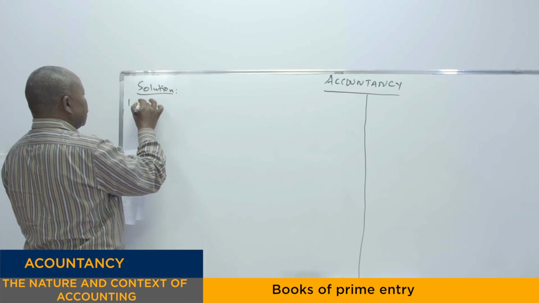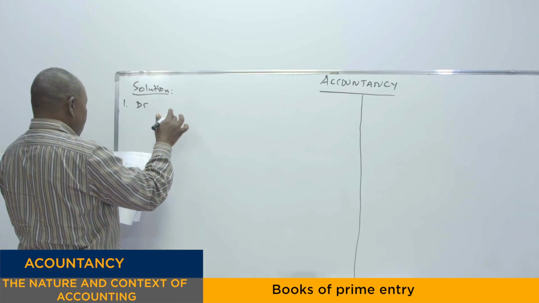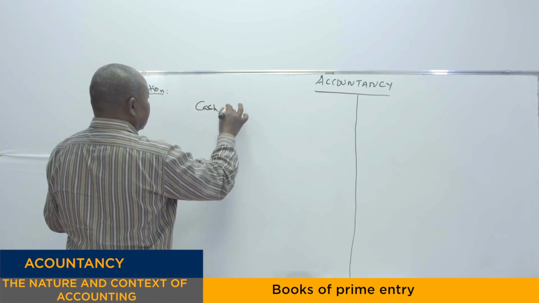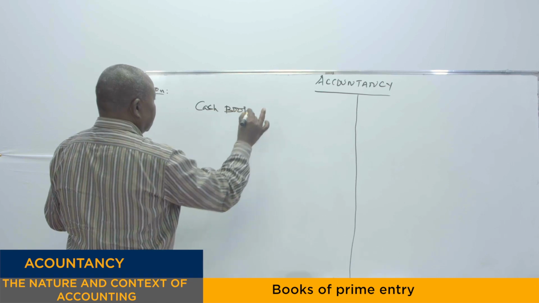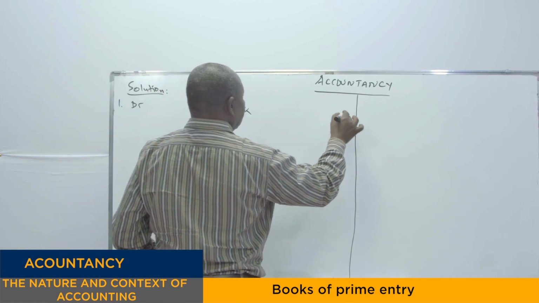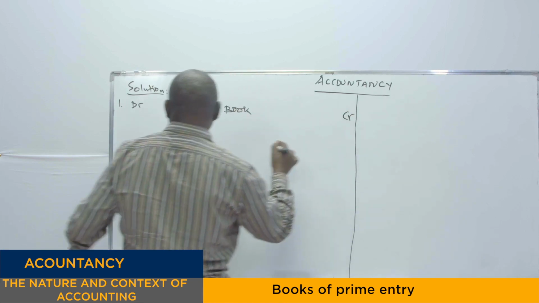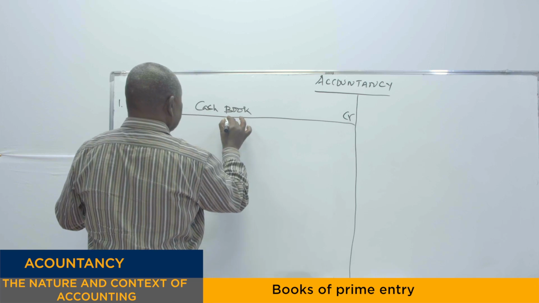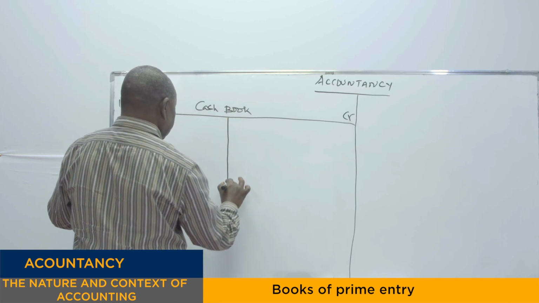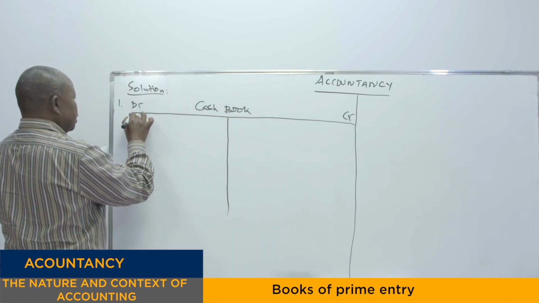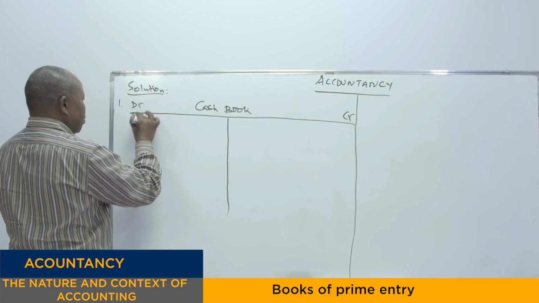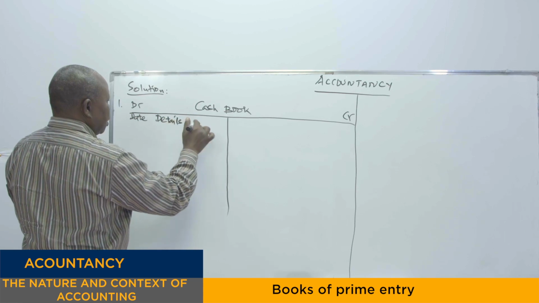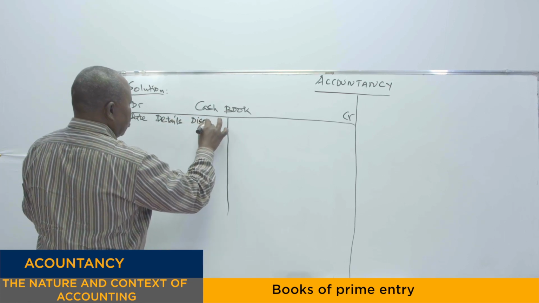So debit, cash book, and credit. This is the date column, details, discount.